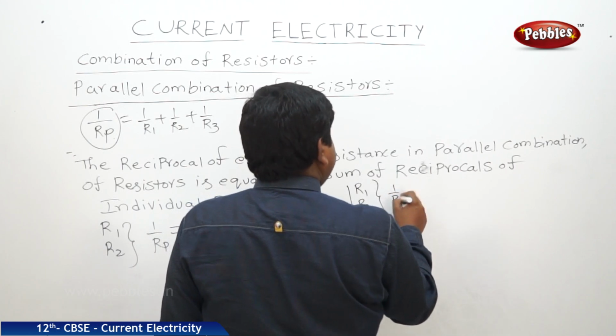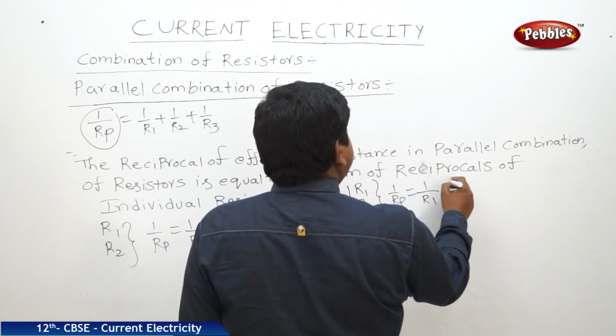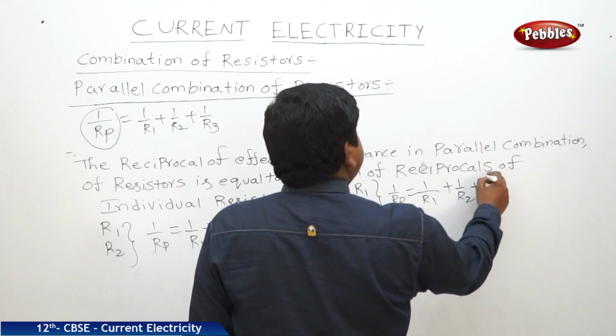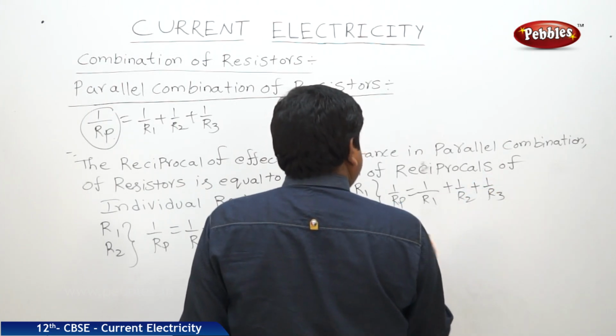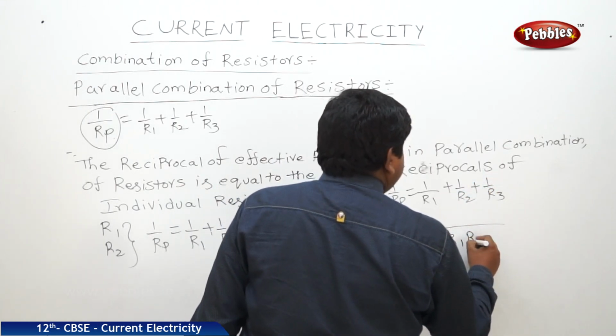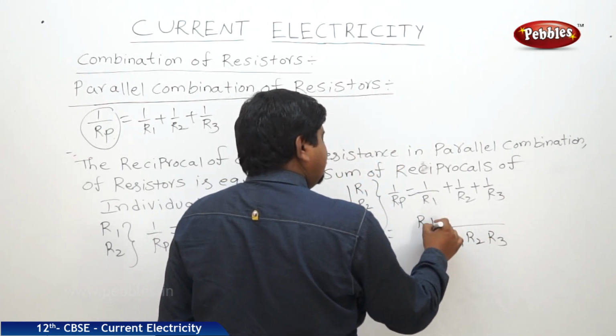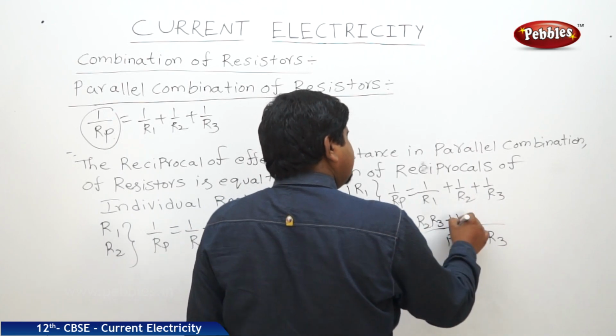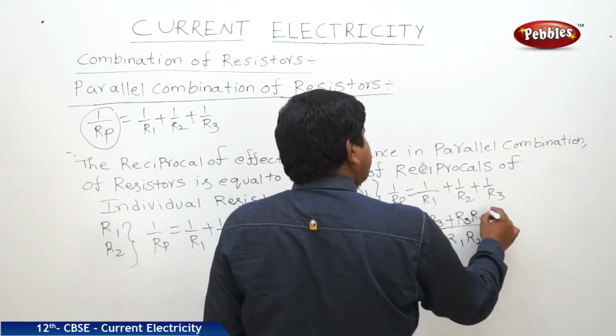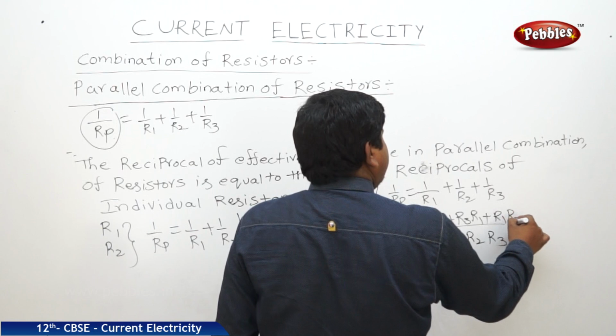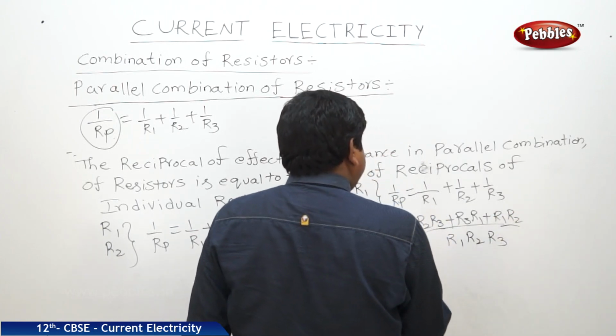1 by Rp is equal to 1 by R1 plus 1 by R2 plus 1 by R3. LCM is R1 R2 R3. Here it is R2 R3 plus here it is R3 R1 plus here it is R1 R2 is equal to 1 by Rp.